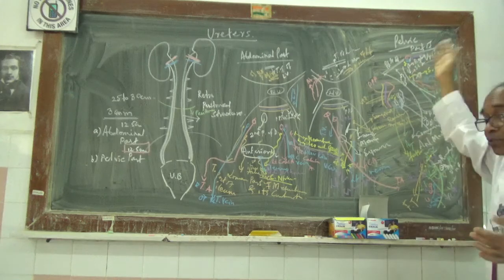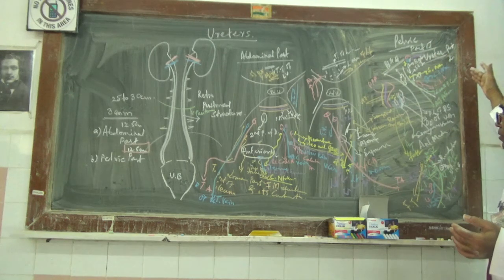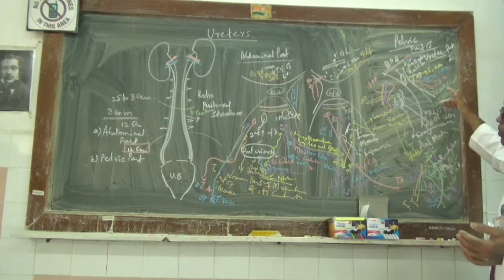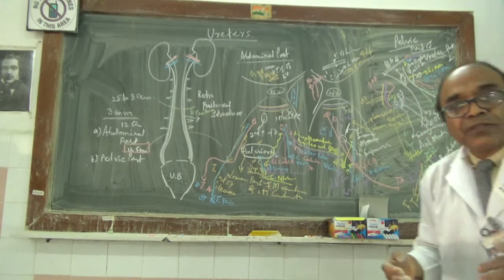So these are the posterolateral and posterior relations of the pelvic part of the ureter. In male and in female they are the same, without change.